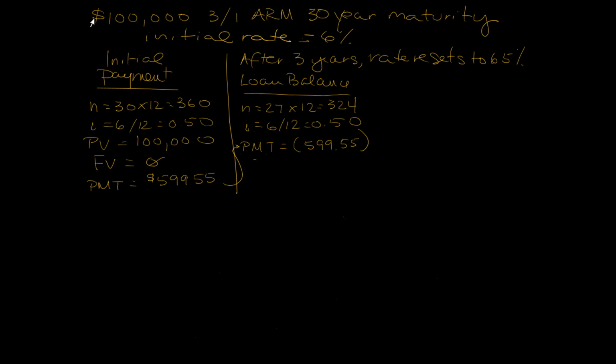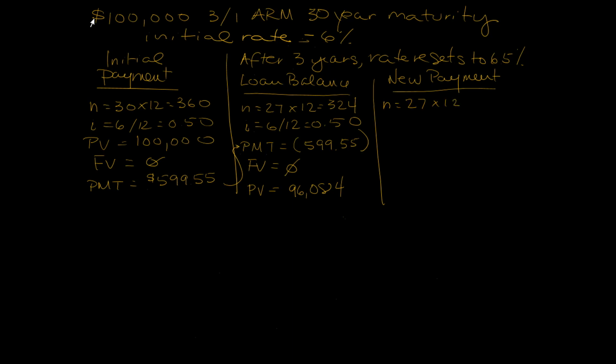The interest rate that we had for those first 3 years was 6%, so I is going to be 6 divided by 12, or 0.5, and we were making payments of $599.55, so that will be the payment. And the future value is 0, and we'll solve for the present value to get a loan balance at the end of year 3 of $96,084.